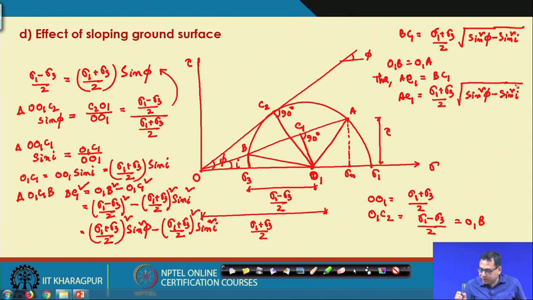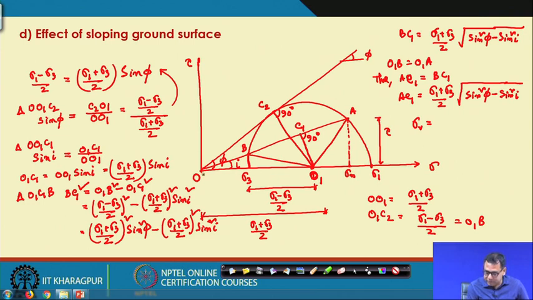Okay. Now, we will go for the next part. Here, how much is sigma v? From this line, I am now taking sigma v. So, what is sigma v? Sigma v is OA. How am I getting that?